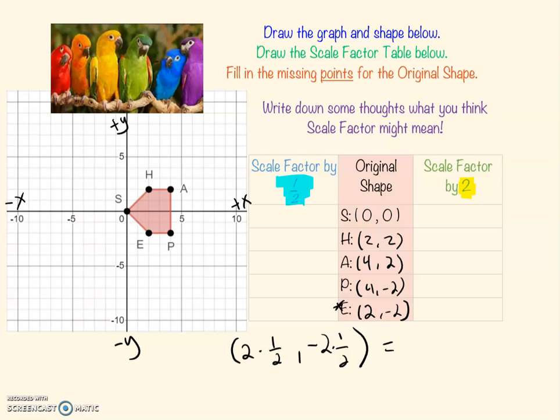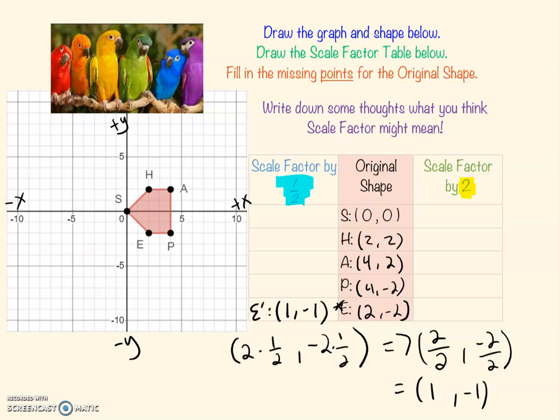Well, that's the same thing as saying 2 divided by 2 and -2 divided by 2. What does that equal? 1, -1. So right here for our E prime, we know that our solution point should be 1, -1.